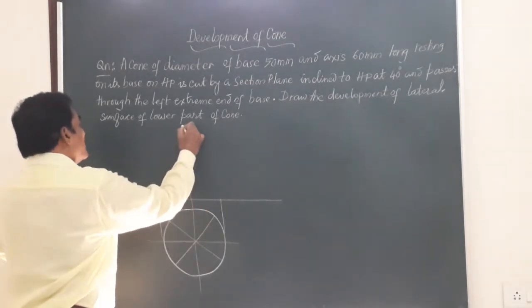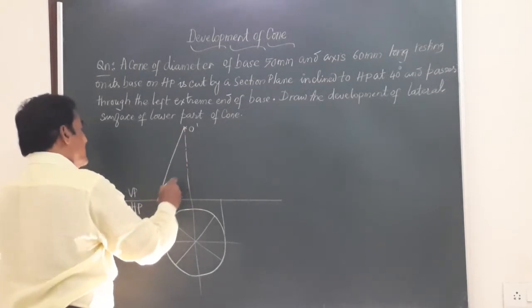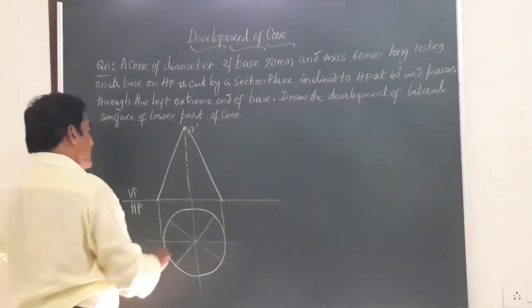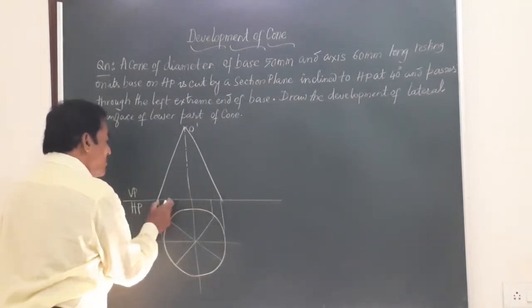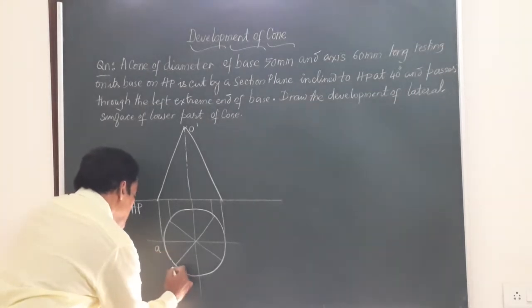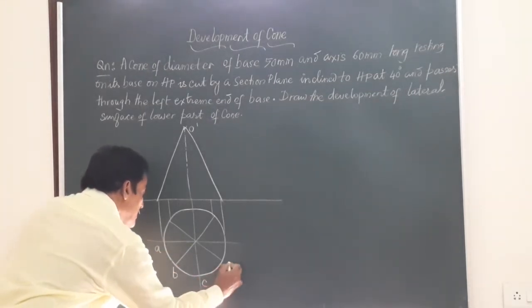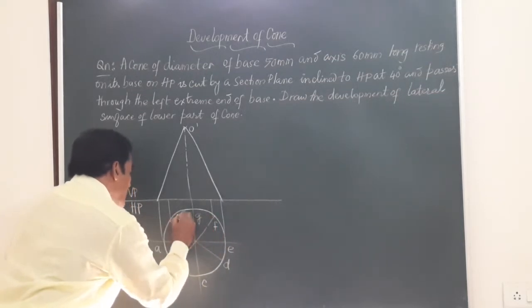The highest point is O dash, the apex. This is one of the end generators, second end generator, and from here mark these lines, they will be at equal distance. Let's number them as A, B, C, D, E, F, G and H.